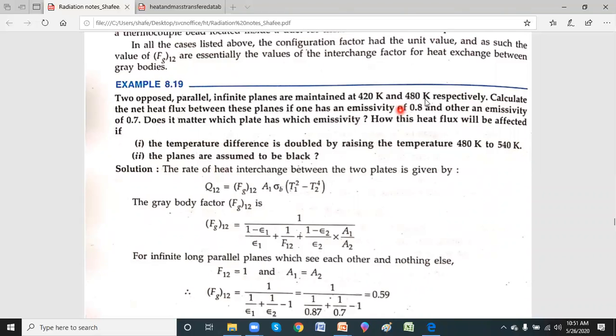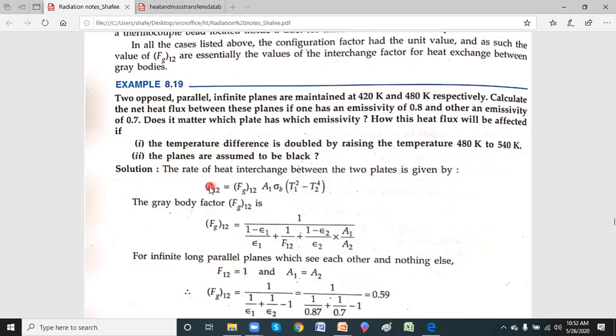So you have the second plate at 480, no? This condition they have mentioned. Whenever the temperature difference is raised by raising the temperature, instead of 480 it goes to 540. What is the effect? Similarly, instead of non-black, if both the plates are black, how does the problem give the solution?